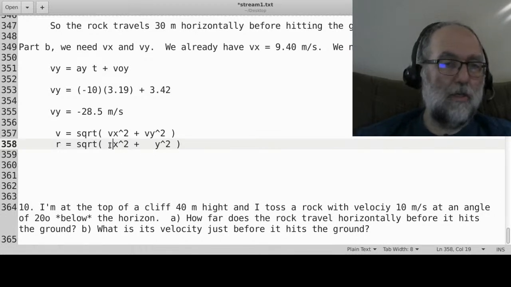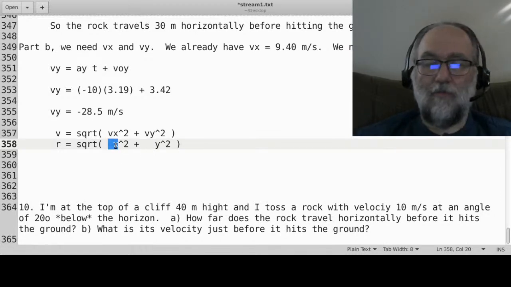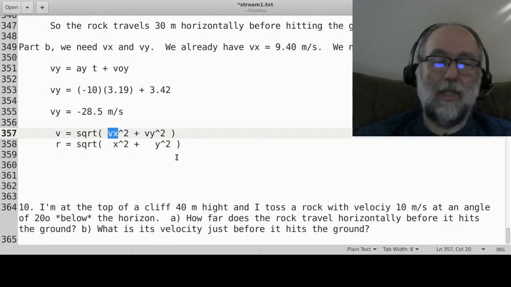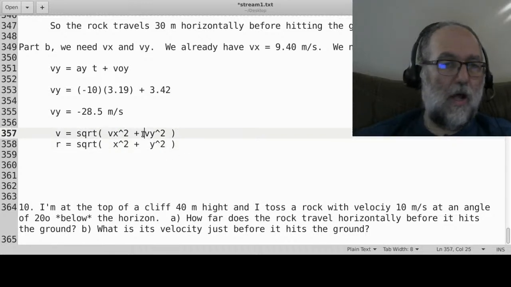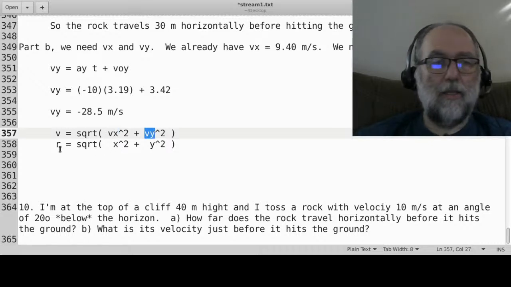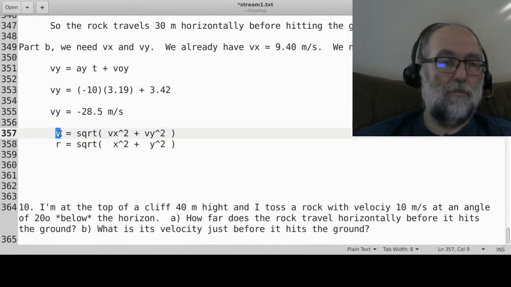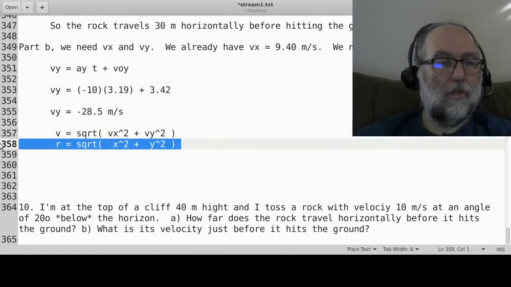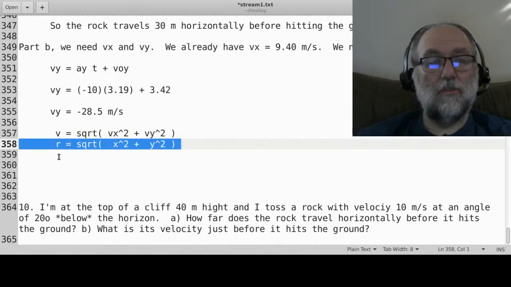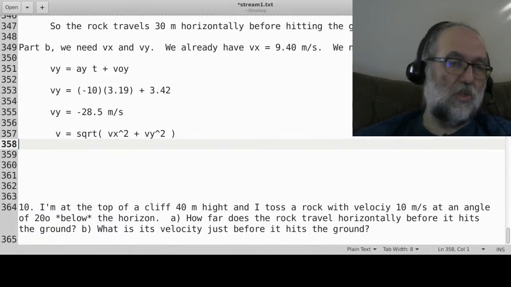For a velocity vector, the x component we call vx and the y component we call vy. And the resultant magnitude we called r, but in this case, the resultant magnitude is v. So it is the same formula, just applied to velocity vectors rather than position vectors.